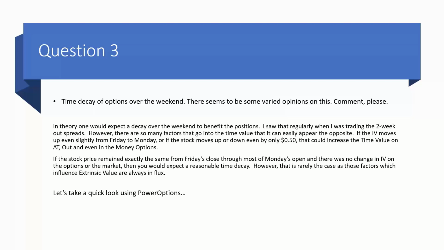From Friday to Monday, if the stock remained exactly at the same price through most of Monday's open from Friday's close, and there was no change in implied volatility in the individual option itself or the volatility indexes in VXX, then you would expect a reasonable time decay. However, that is rarely the case, as those factors influence extrinsic value and are always in flux.